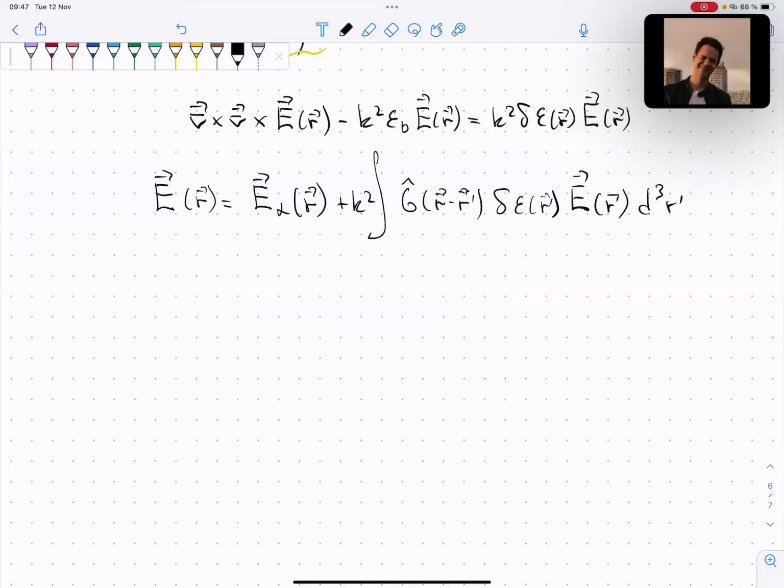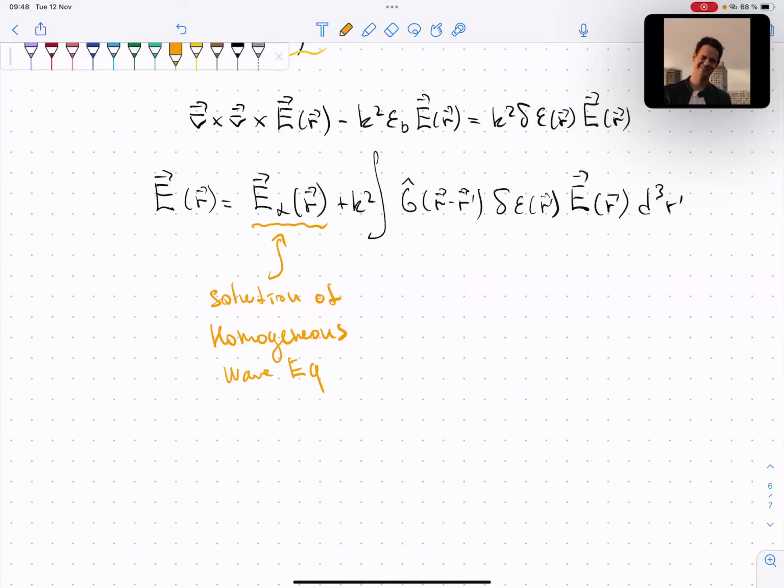Okay, good. So, this E alpha is actually the solution of the homogeneous wave equation.